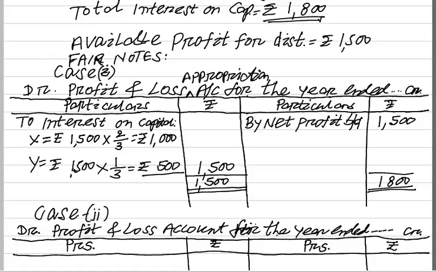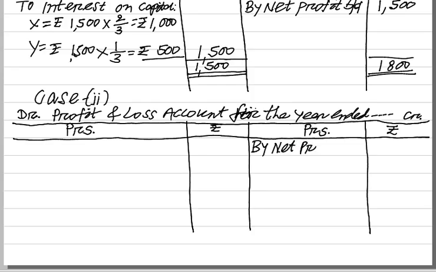This is by net profit brought down, 1500, to interest on capital.